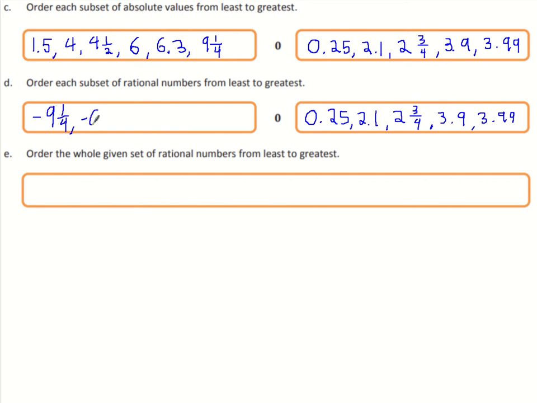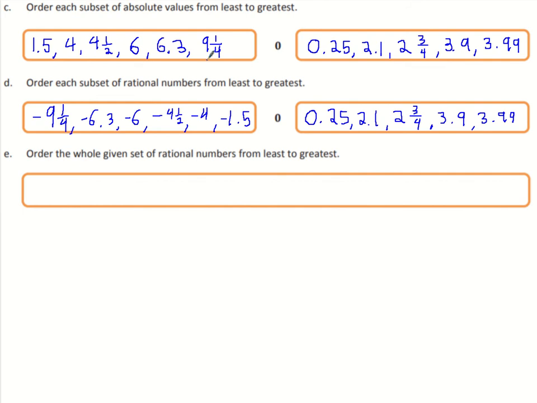Then negative 6.3. And keep following the train backwards. Negative 6, negative 4.5, negative 4, and lastly, negative 1.5.